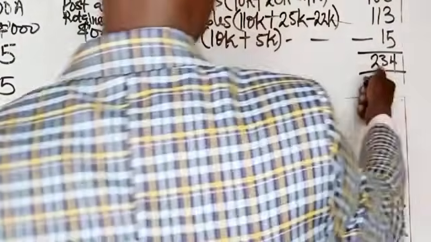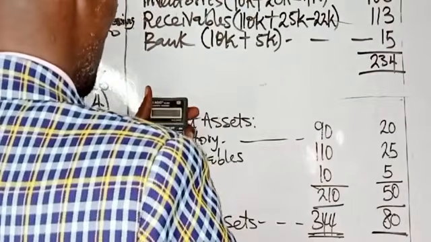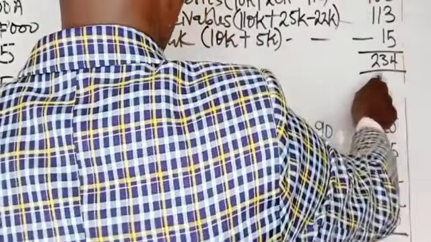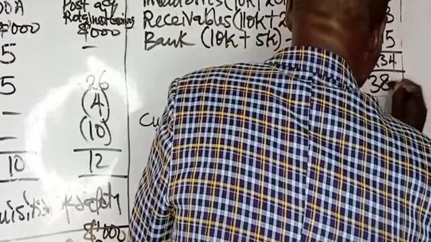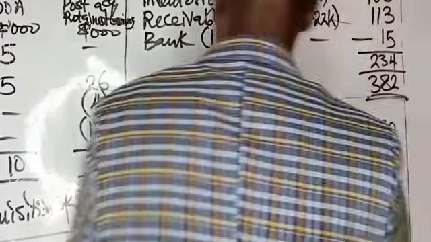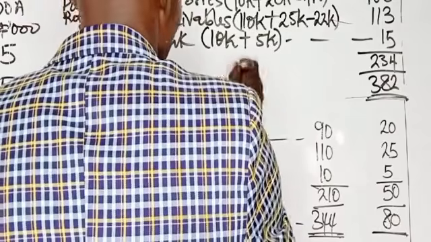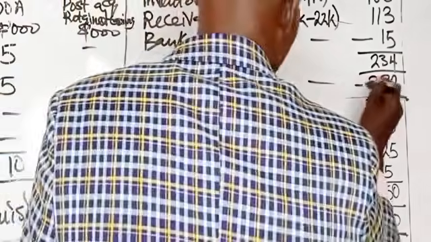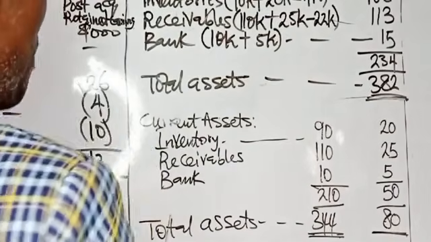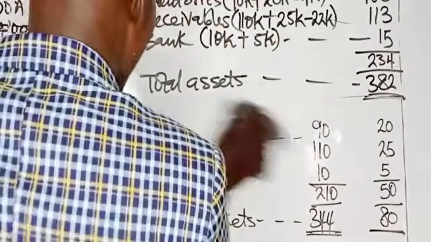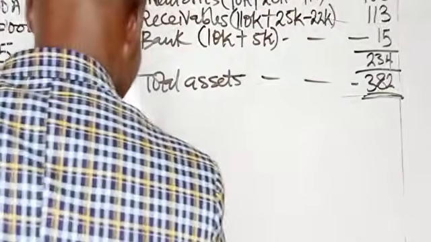Then add the current assets to the non-current assets of 148. So 148 plus 234, then you have 382. That 382 is our total assets.